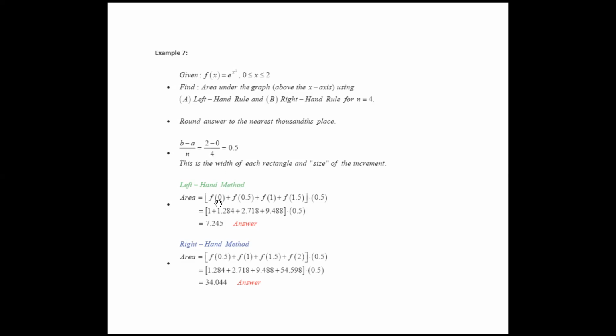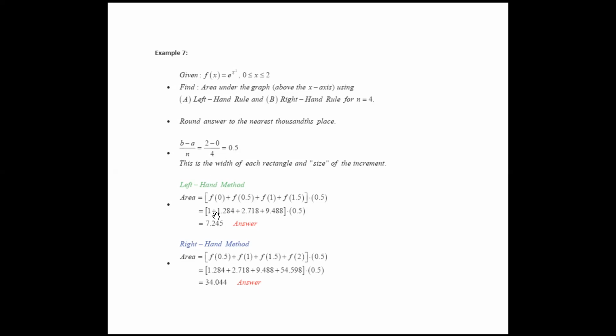So left hand, start at 0 and go up by half. So it's f of 0, go up by half, f of a half, go up by half, f of 1, go up by half, f of 1.5. Now, you're going to have to use your calculator on this to find these values. This is what you get if you let x be 0 here, and of course e to the 0 is 1.